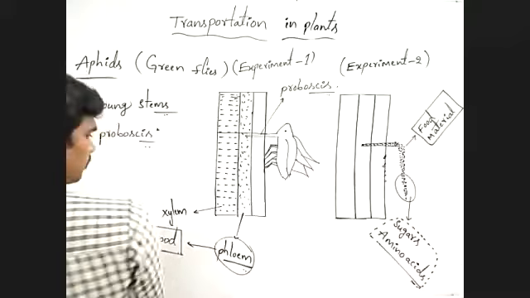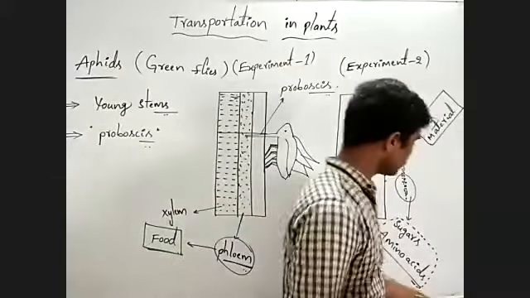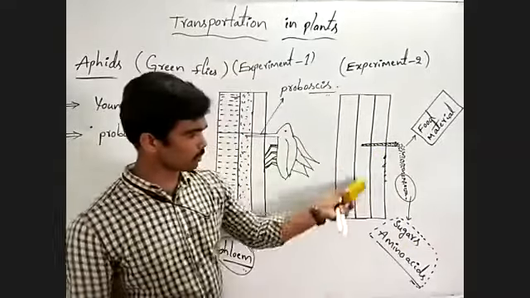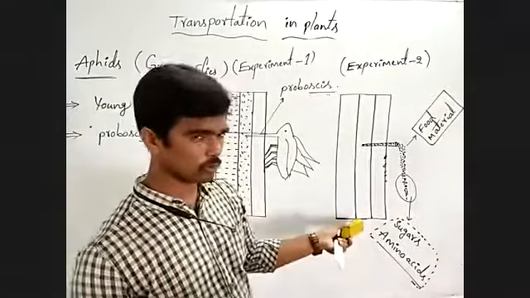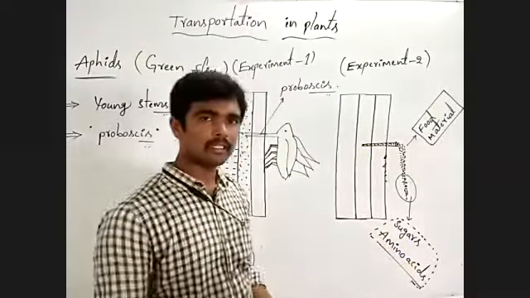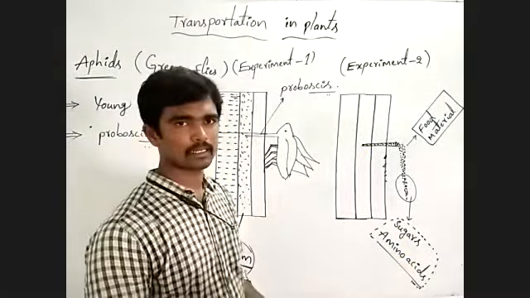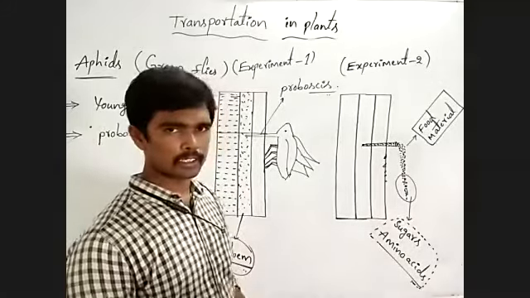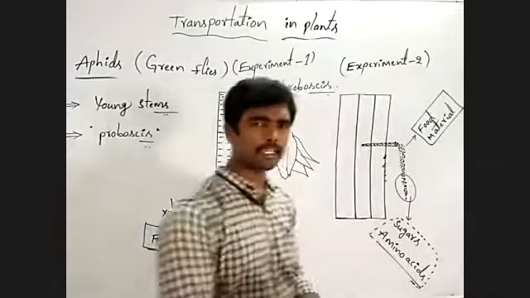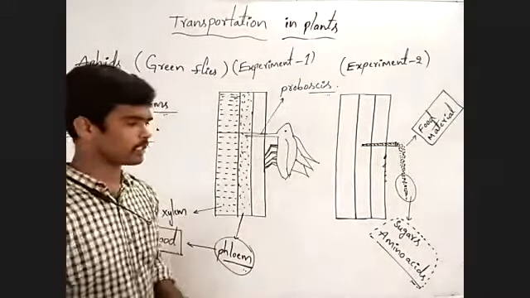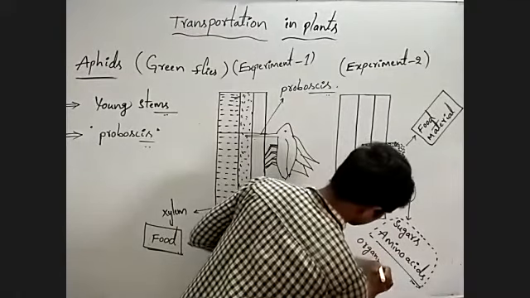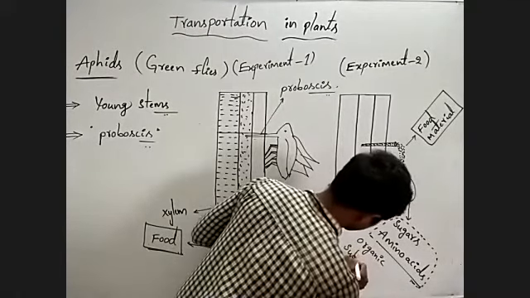Another important point is that the food material transported through the phloem contains highly concentrated nutrients: sugars, amino acids and other different types of organic substances.